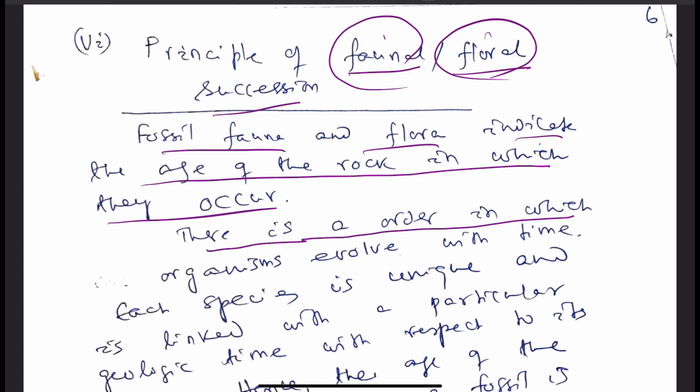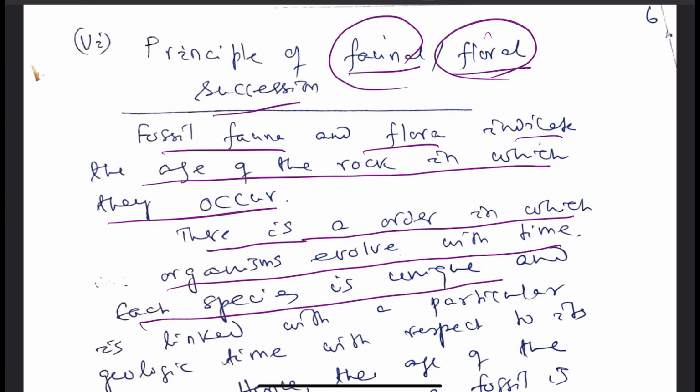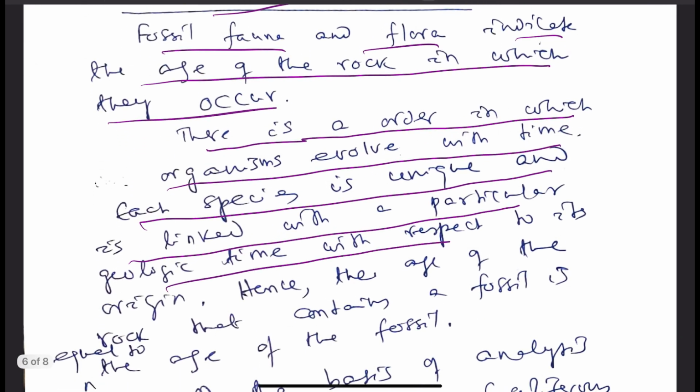There is an order in which the organisms evolve with time. Organic evolution has taken place, and each species is unique and is linked with a particular geologic time with respect to its origin.